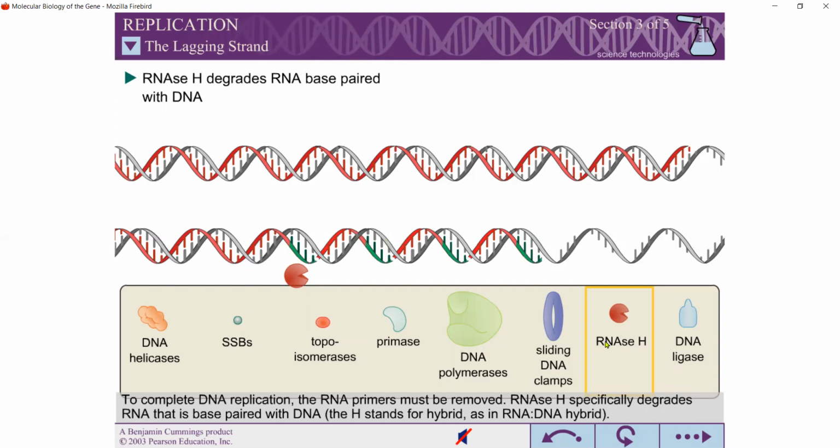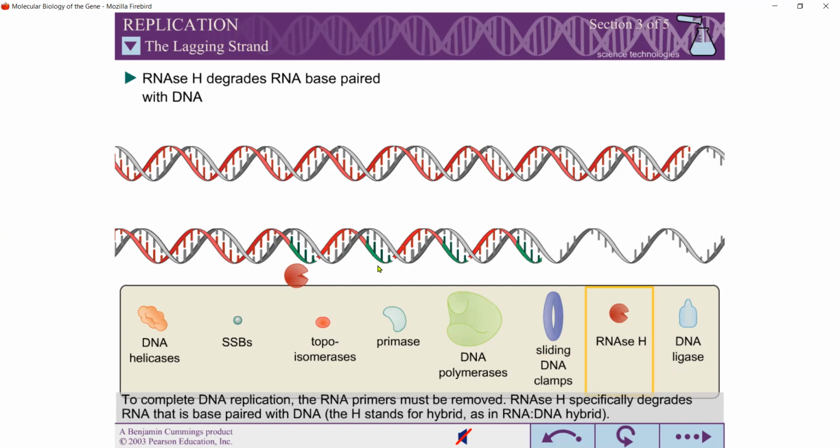So as you can see, we have RNA primers. For the leading strand, there was only one RNA primer. For the lagging strand, we have multiple RNA primers at intermittent gaps.